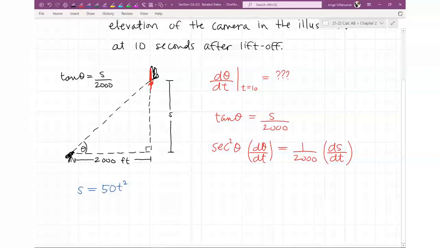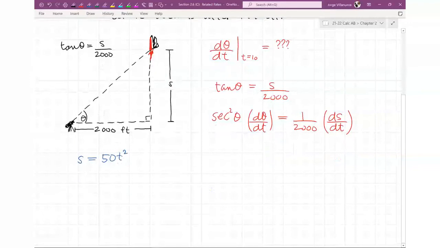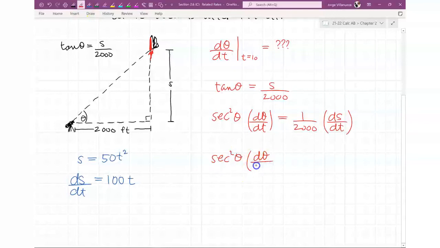So if I want to find ds dt and they gave me s, what should I do? Take the derivative, right? So let's take the derivative of s. ds dt is equal to 50 times 2, that's 100 t. So I can now plug in that information into ds dt.